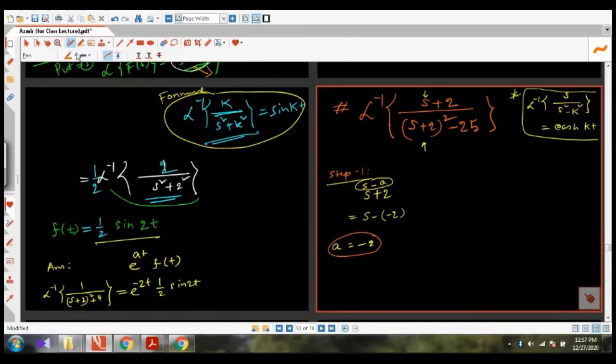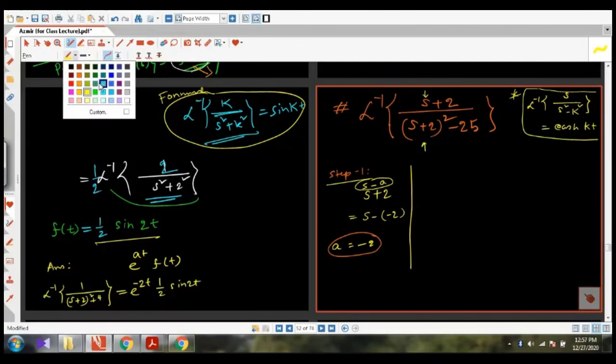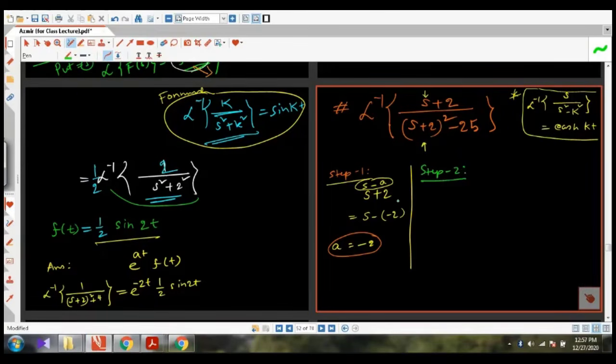Now step 2. In step 2, let's replace s plus 2, that means s minus a, by s. So where we have s plus 2, let's replace this one by s.